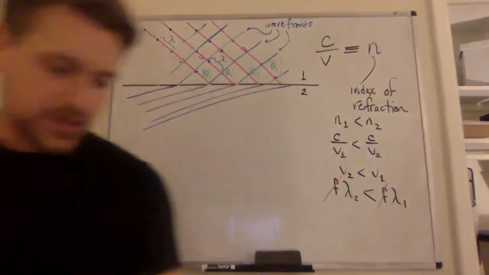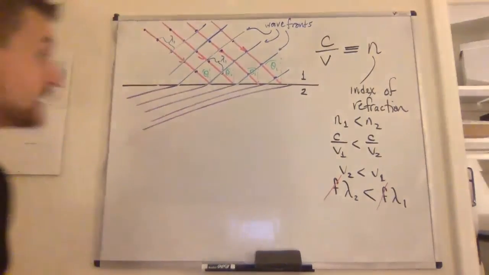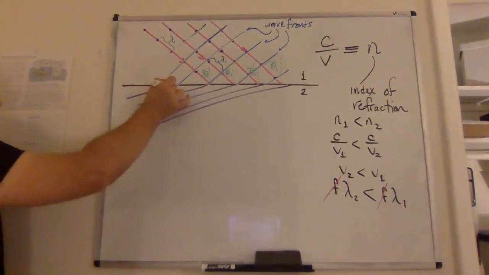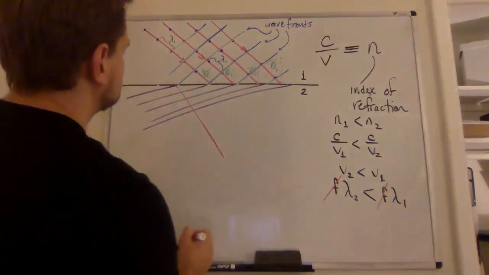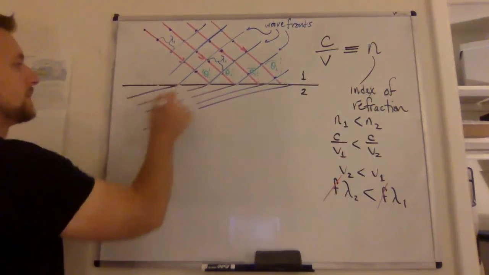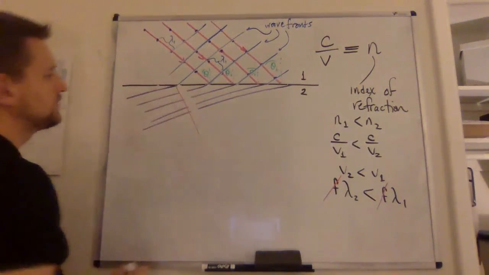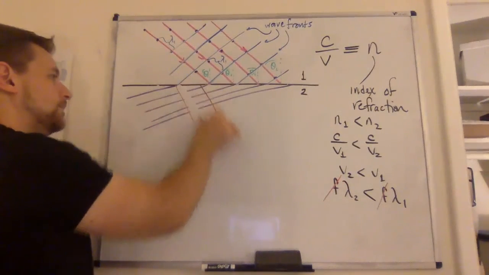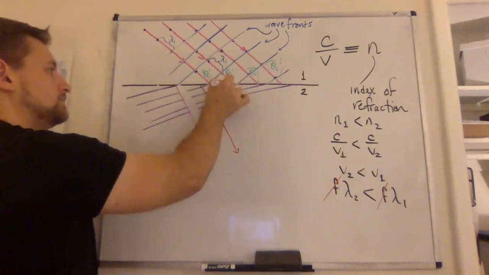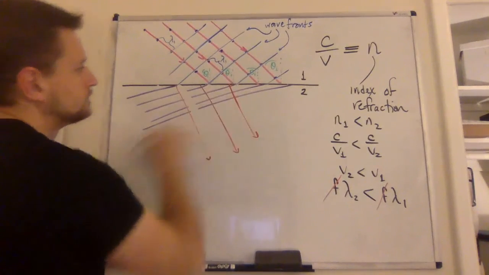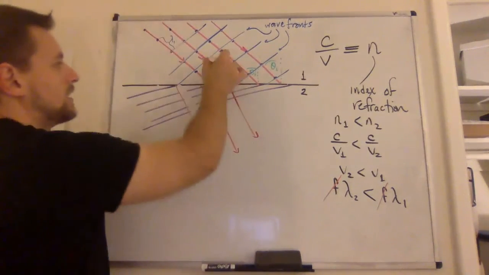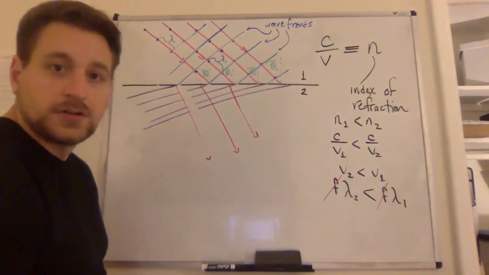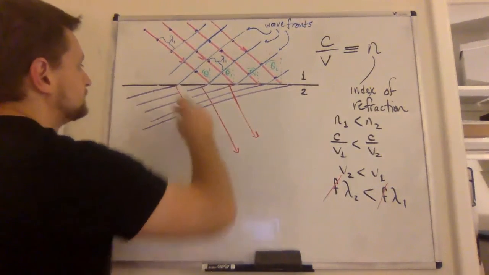Now, if we draw lines of propagation perpendicular to the wavefronts, just like these, perpendicular to the wavefronts, and we draw the normal for those directions of propagation.